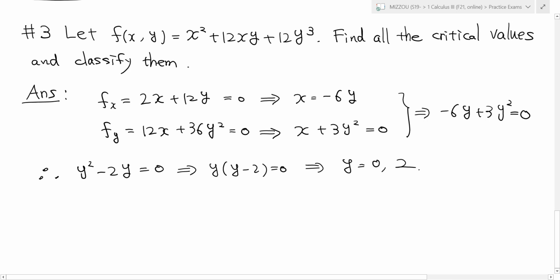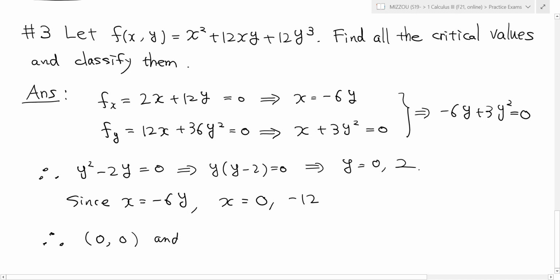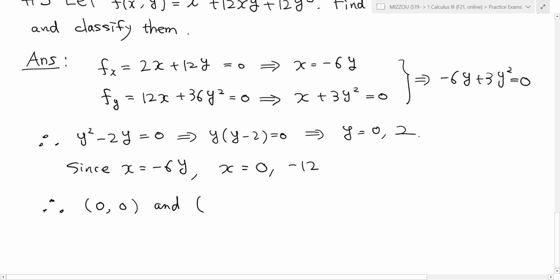Since x is equal to negative 6y, if y is 0, you get x is 0. And if y is 2, x is negative 12. So, therefore, 0, 0 and negative 12, 2 give you the critical points.